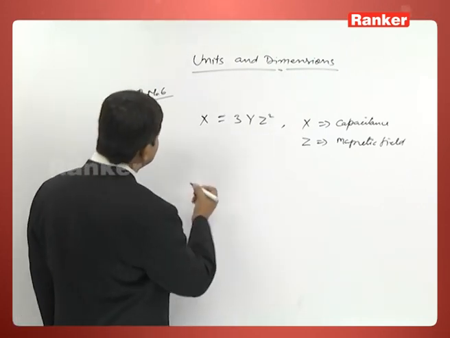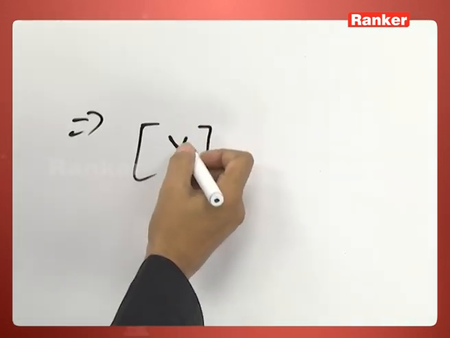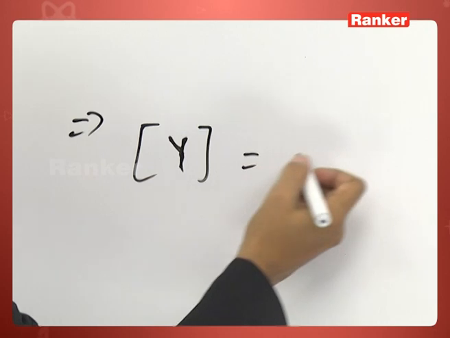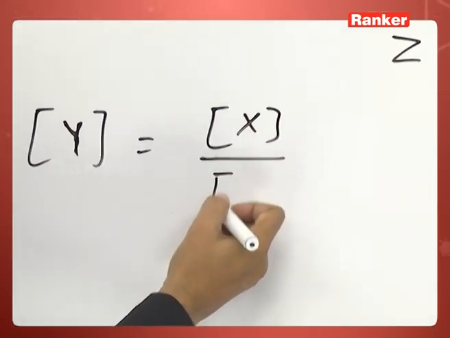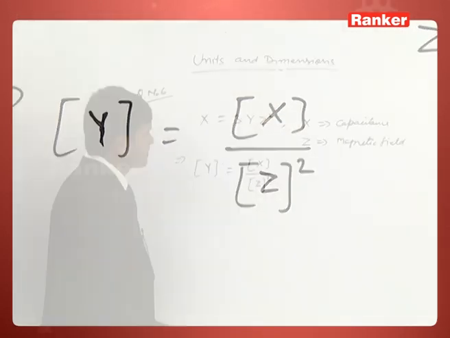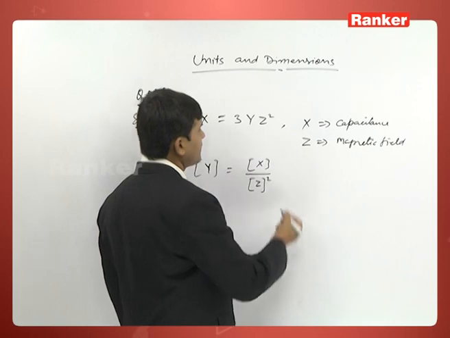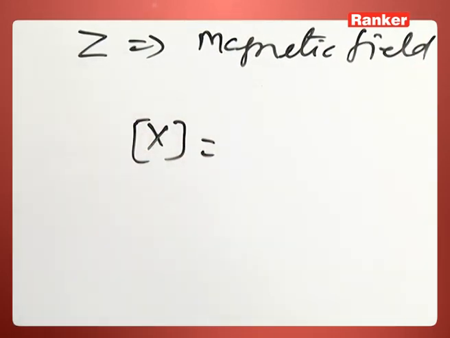From the given expression we can write that the dimension of y is nothing but the dimension of x divided by the dimension of z squared. First we find the dimension of x, capacitance.